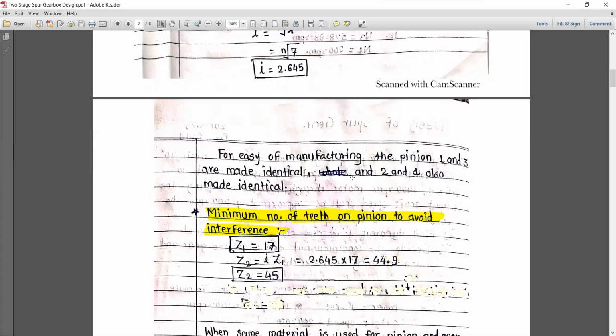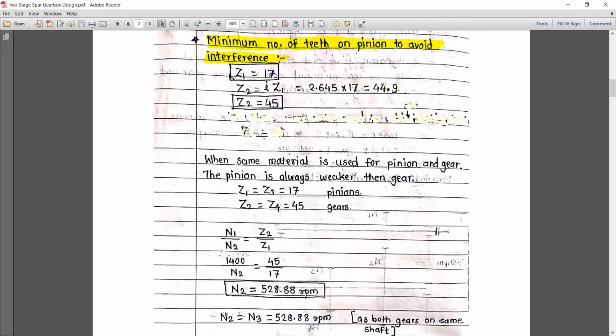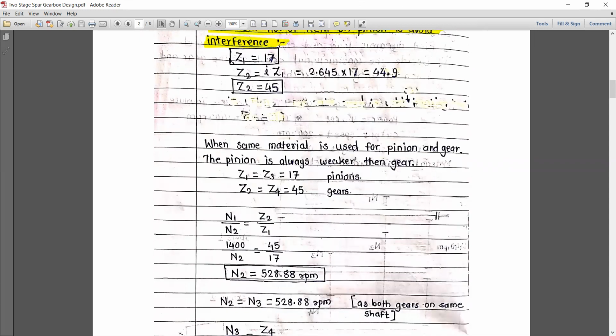Now you can find the exact transmission ratio, because when the same material is used for pinion and gear, the pinion is always weaker than the gear. So z1 and z3 are equal to 17, and z2 and z4 are equal to 45.